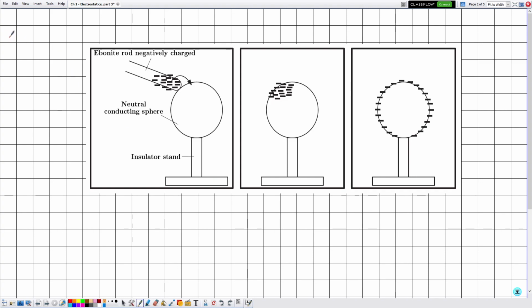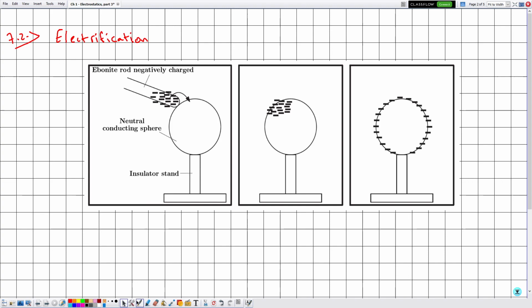Then let me write down section 7.2: electrification by contact, and this is known as conduction.